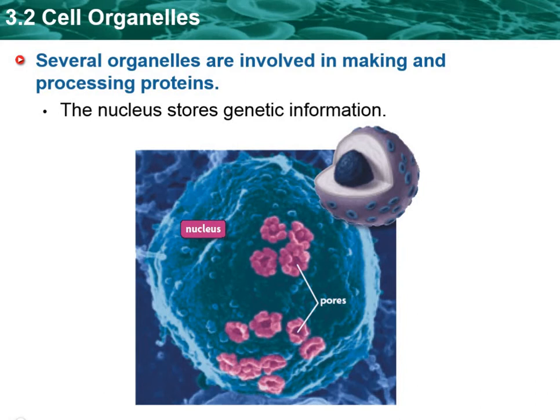It can be sort of thought of as like the brain of the cell, or like if you're looking at the cell as a factory, it's going to be like the manager of the factory. It's going to be telling the cell what it needs to do, just like a manager at a factory would be doing that with the people there at the factory.